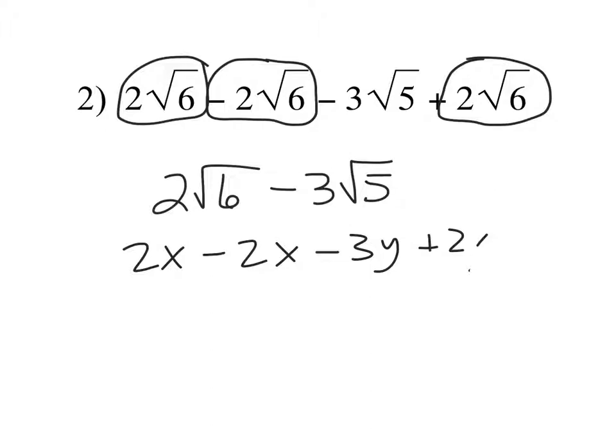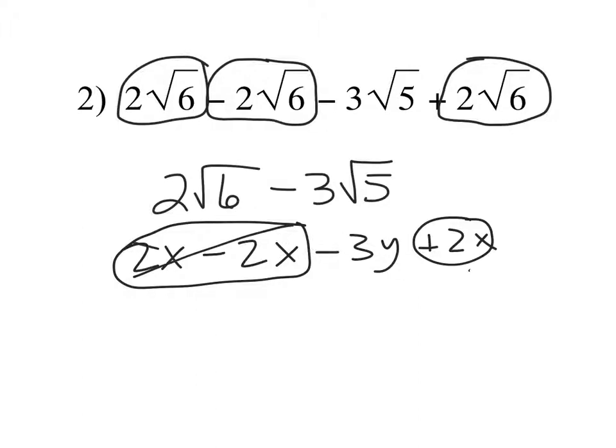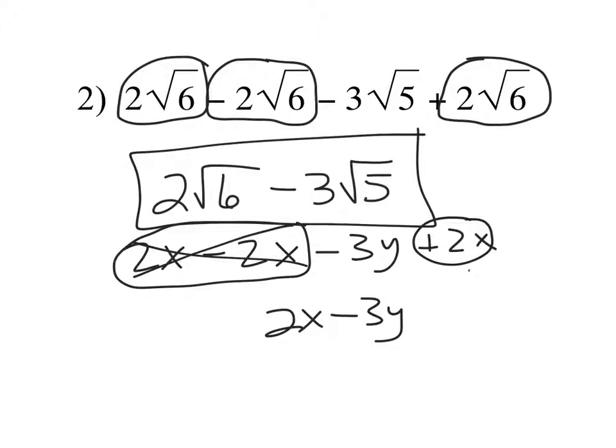These are all my like terms, no different. These guys would cancel out, and I would have 2x and minus 3y. No different than what I got there, except now it's just a root instead of a variable. Okay, so you should be able to complete the first page here of examples on your class kick.